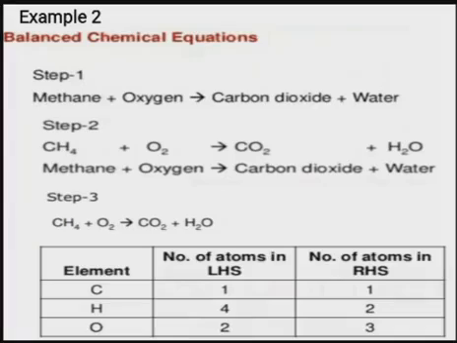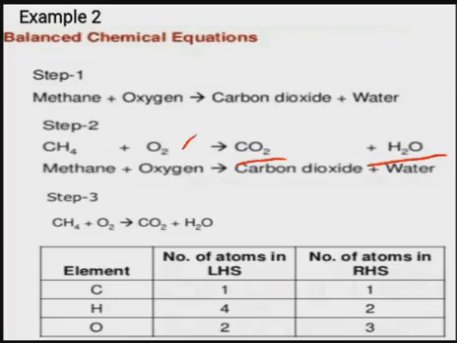Now the next example is methane reacting with oxygen, forming carbon dioxide and water. Now in the second step we will write it in molecular form: methane as CH4, oxygen as O2, carbon dioxide as CO2 and water as H2O.